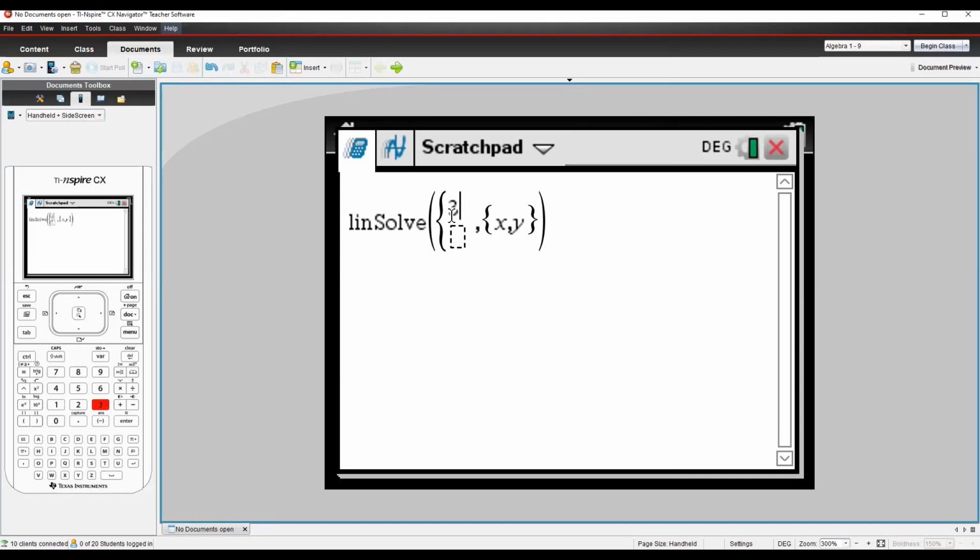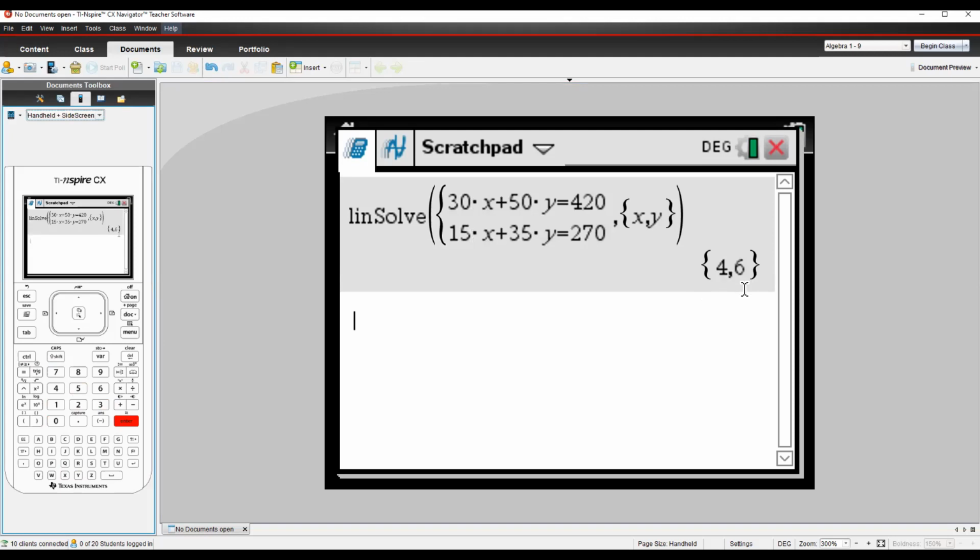So this is going to be 30X plus 50Y equals 420. That's one equation. We tab down, and then it's going to be 15X plus 35Y equals 270. And then we just press enter.